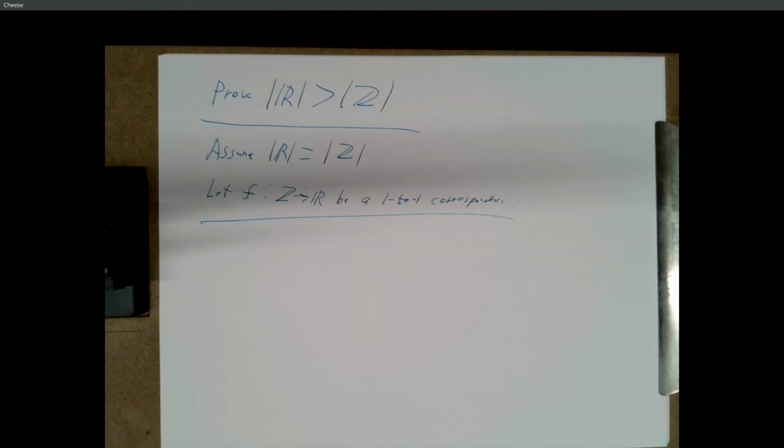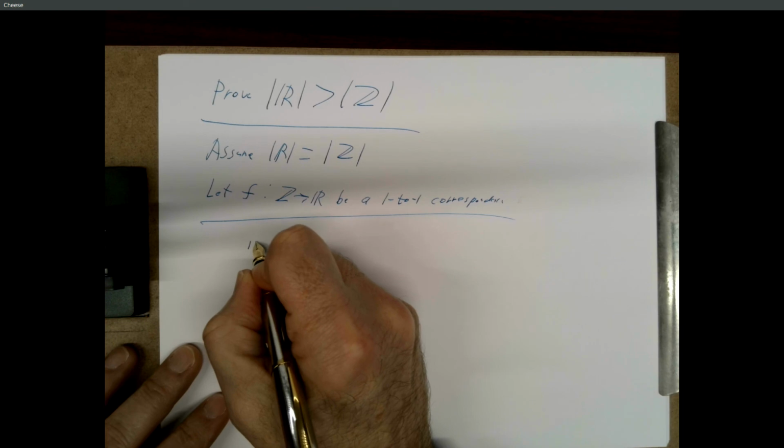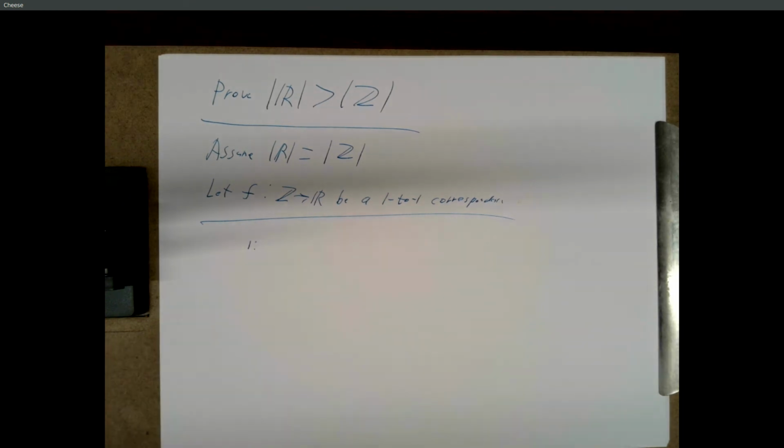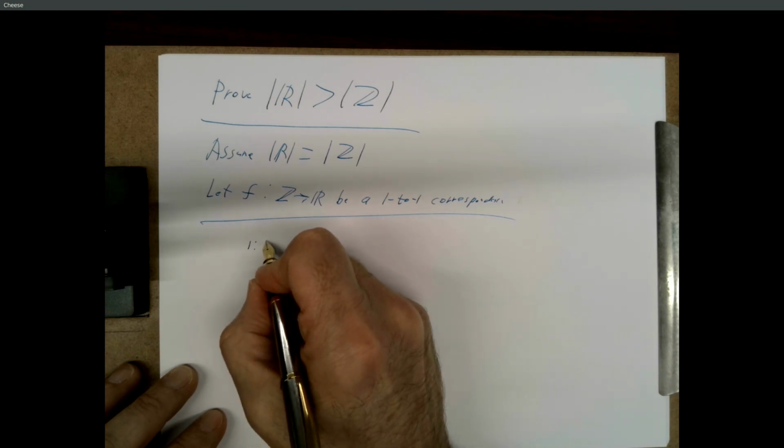So you come to me and you say, hey, I proved that these have the same cardinality. I'll say, oh yeah, give me a function that gives a one-to-one correspondence between the integers and the reals, and you give me a function. Here's what I'm going to do. I'm going to take the integer 1, and I'm going to write down next to it the real number corresponding to 1. Well, maybe that's good old pi.